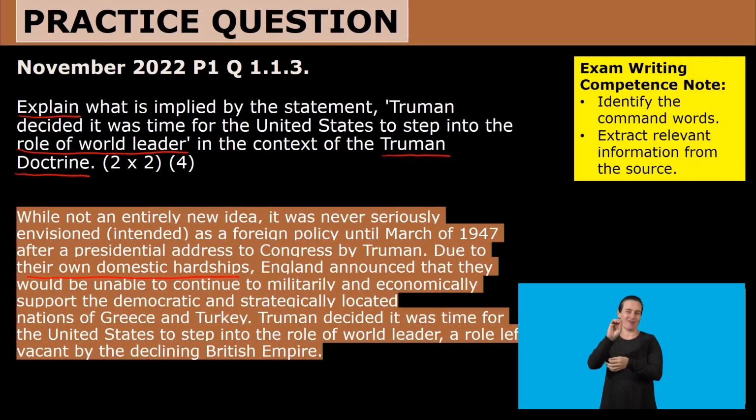England announced that they would be unable to continue to militarily and economically support the democratic and strategically located nations of Greece and Turkey. Truman decided it was time for the United States to step into the role of the world leader. Now you can see this is the direct quote that is in the source.